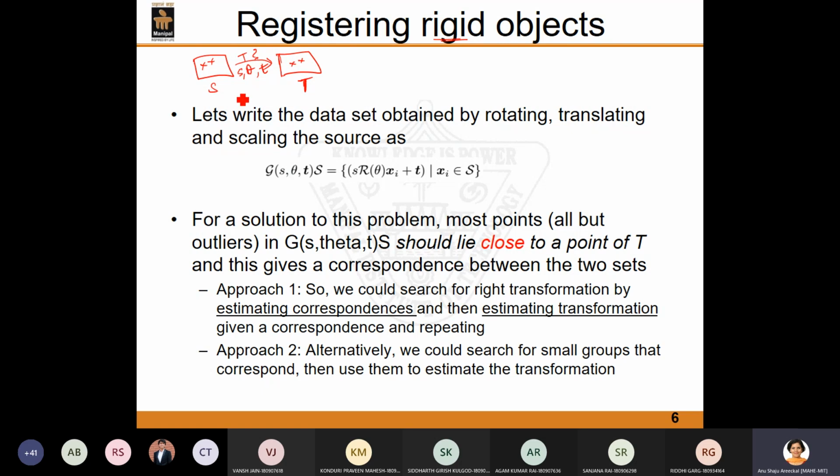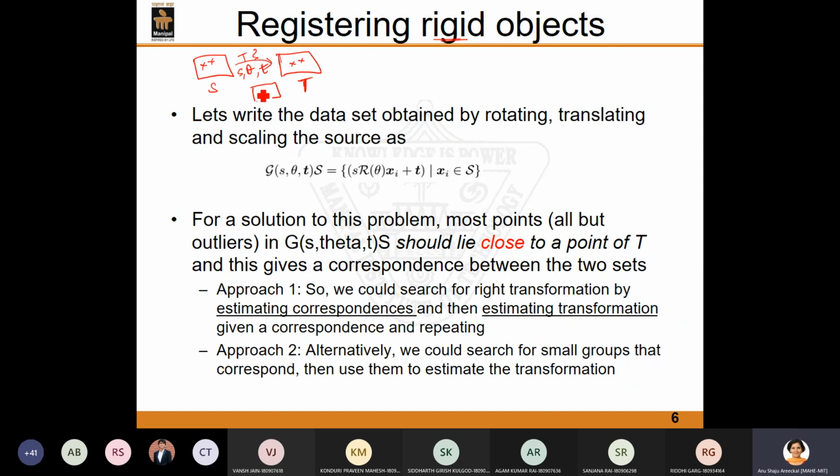Since I cannot say with 100% confidence that I have found all the corresponding points correctly, another approach I can take is, instead of just taking source and target, to also assume an intermediate set. I'm not going to call it an image, let me call it a set.